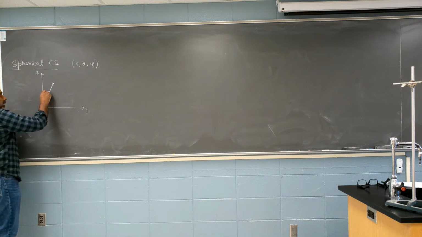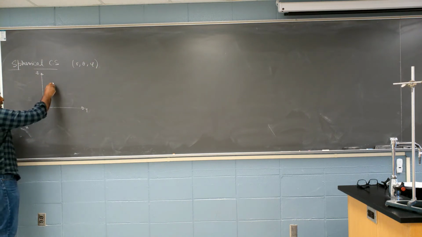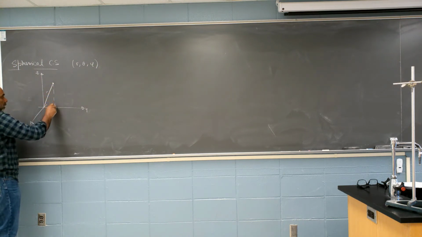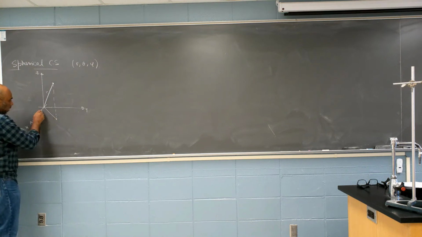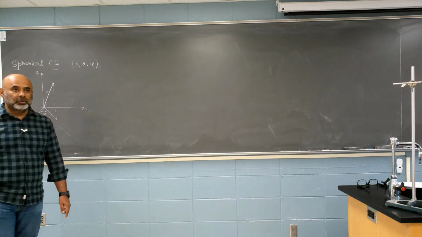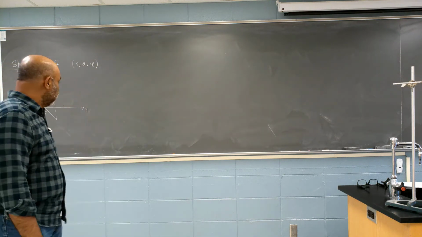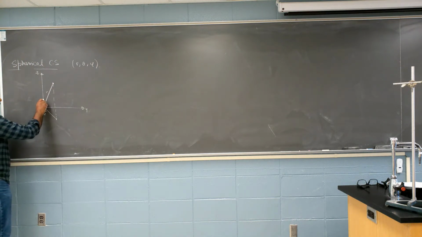R, you guessed it, it's the radial distance. Phi, well, I think you guessed it at this point, because what do? Drop it to the XY plane, and this angle is phi, just like your cylindrical coordinate system, except this angle is theta.